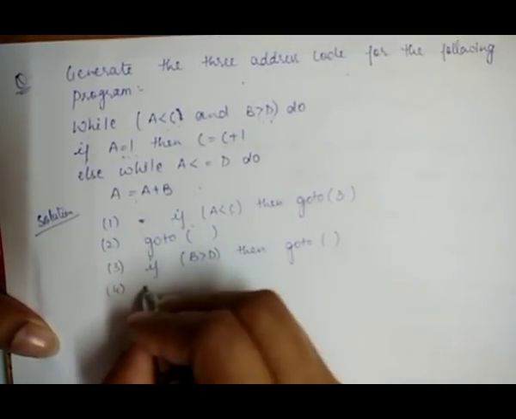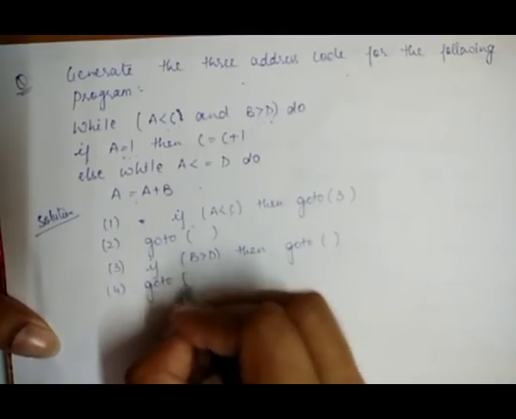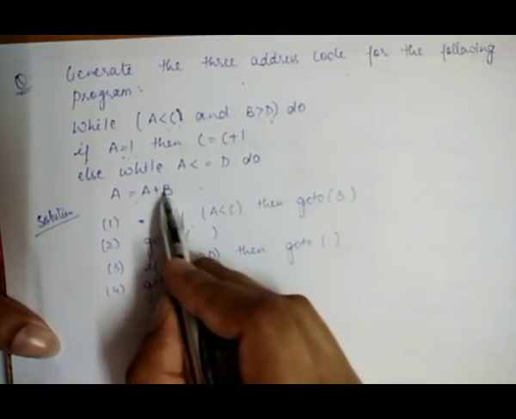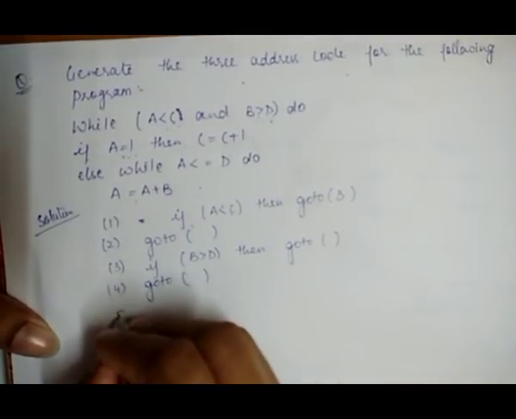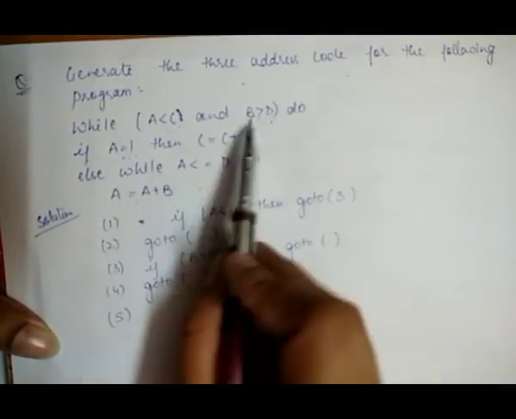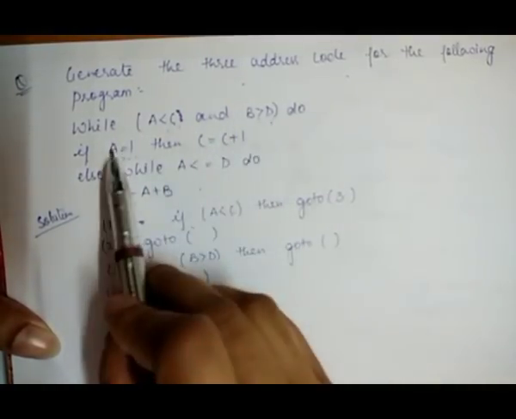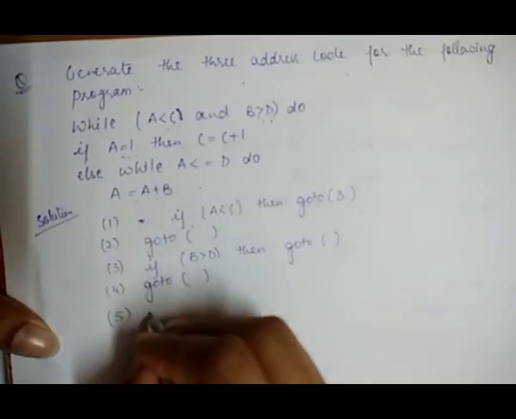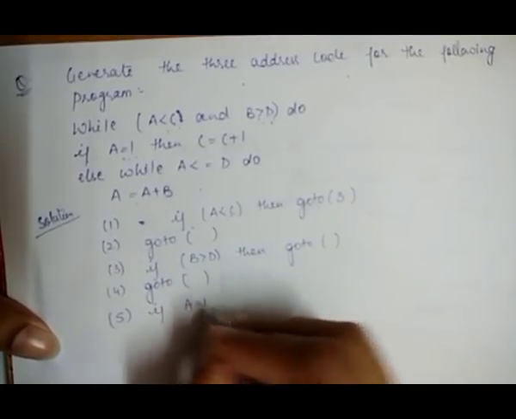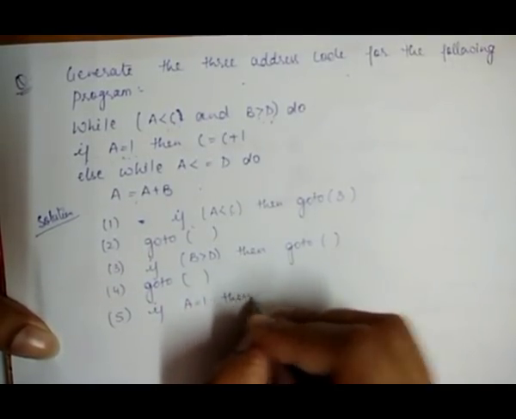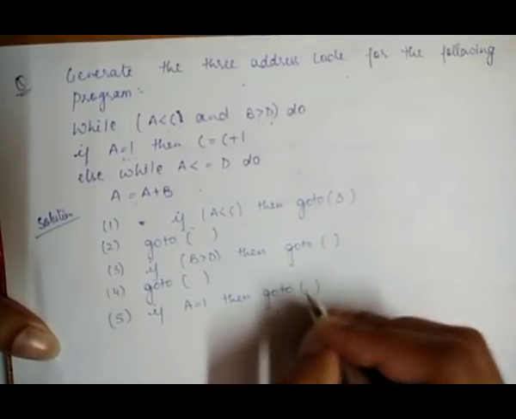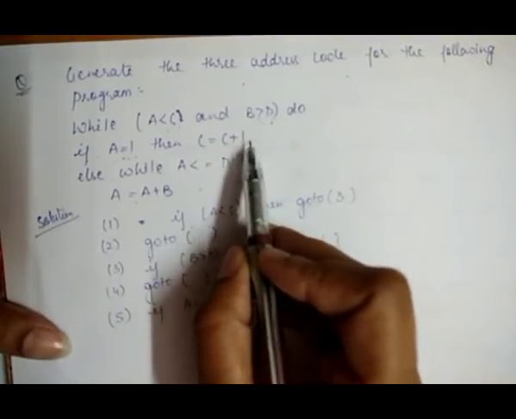Now if this condition is true, then go to the line which comes after this line. After checking all these conditions, if true, then we check this line: if a equals 1, then go to where we have to execute c equals c plus 1.